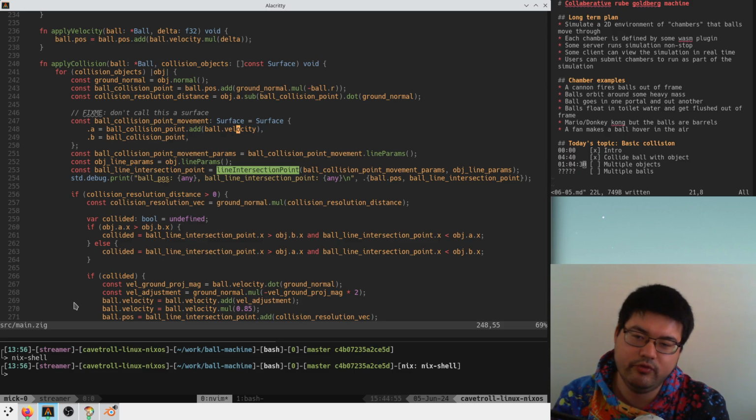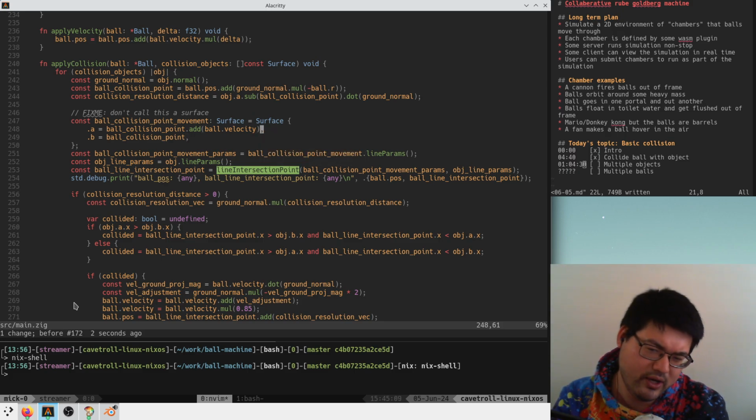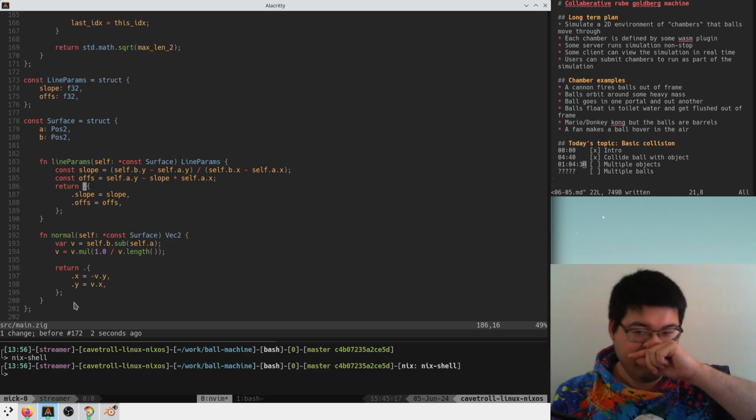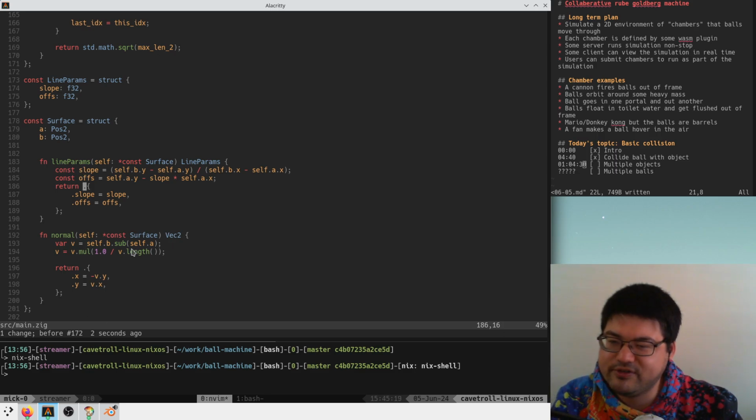We can just do velocity. We can say that the movement params come from one step before to one step after. Can we normalize this in some way? I guess we're using the line formula, which is just broken.